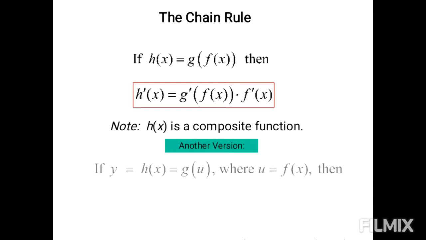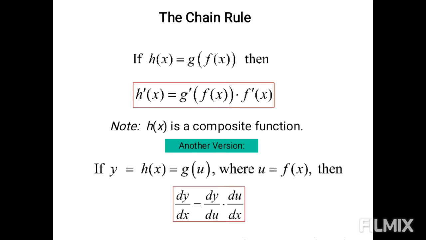And another version of this is: if y equals h of x, which equals g of u, where u is our f of x, then the derivative is the product of those respective derivatives that we have here. Now let's try to use the chain rule for our example.